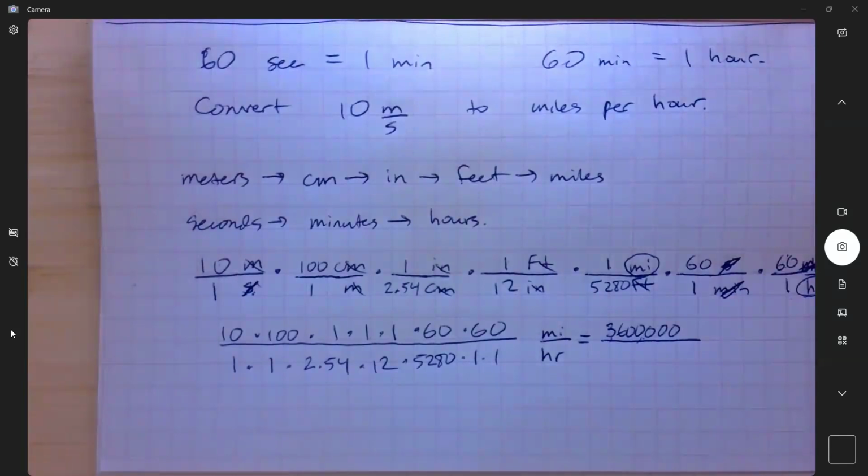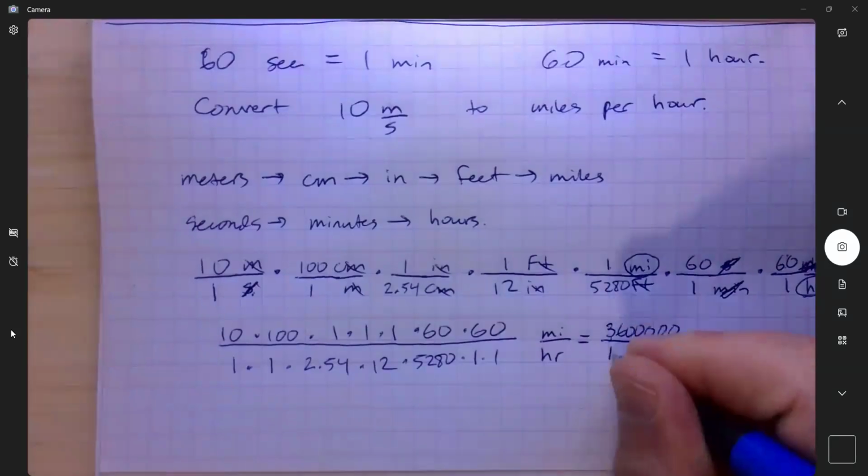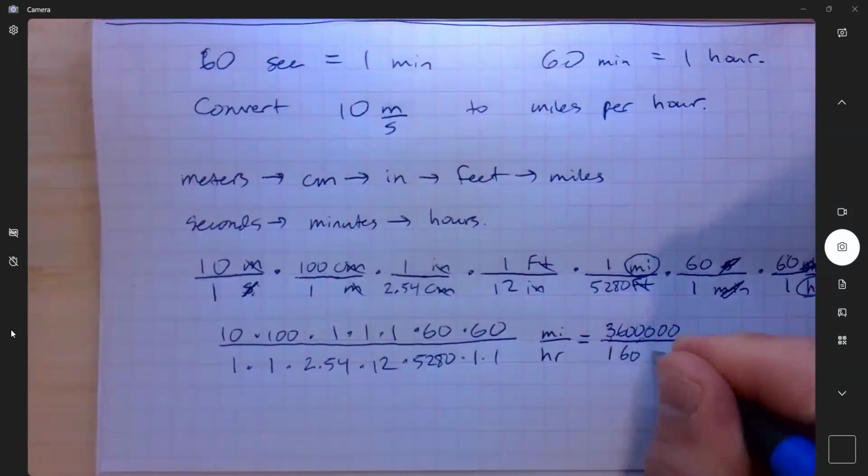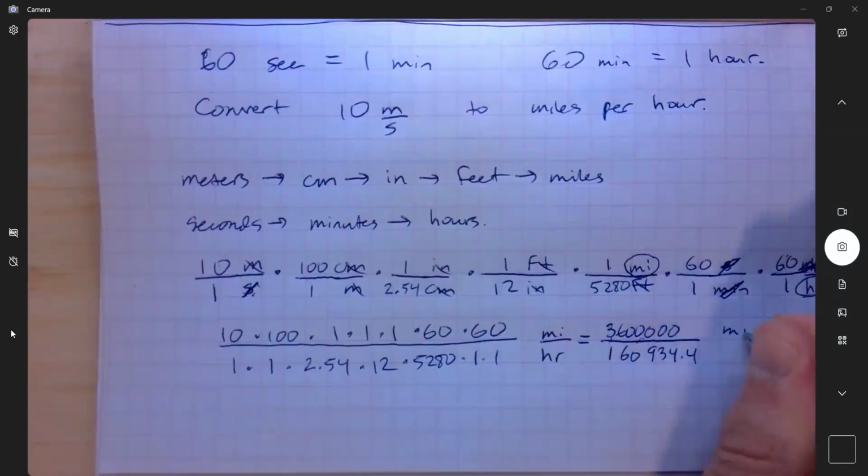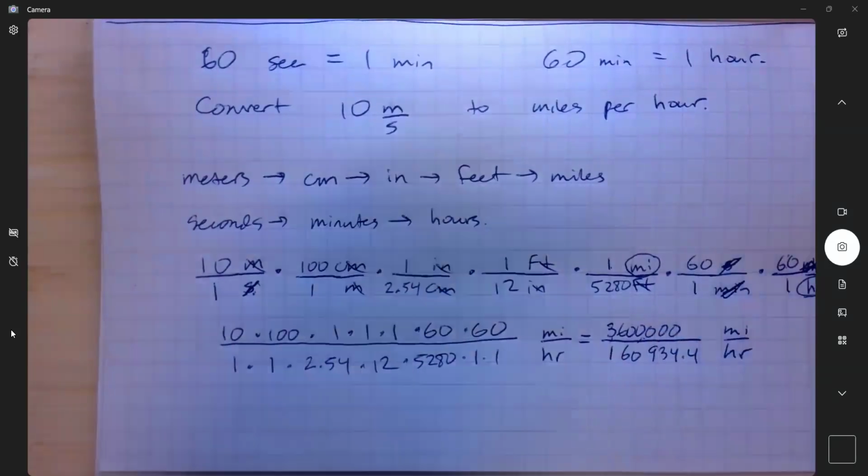And then the denominator is 2.54 times 12 times 5,280, which is 160,934.4. And I'll get a decimal approximation for that.